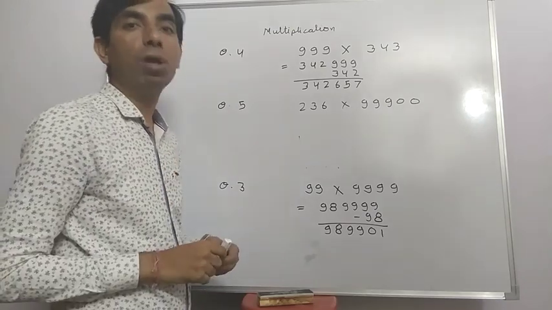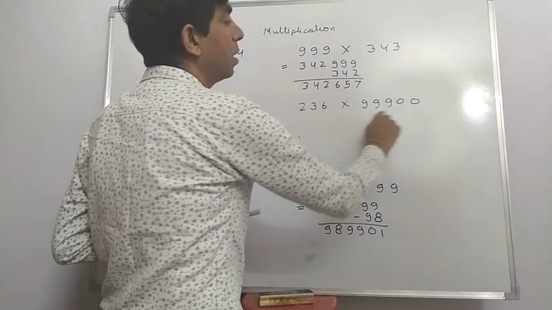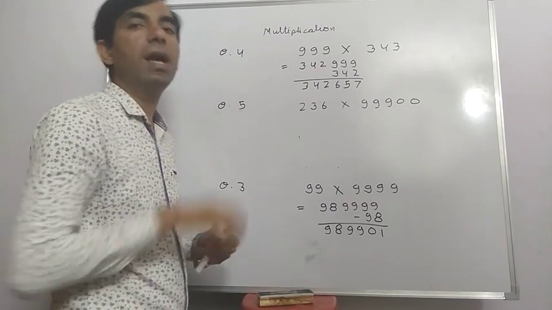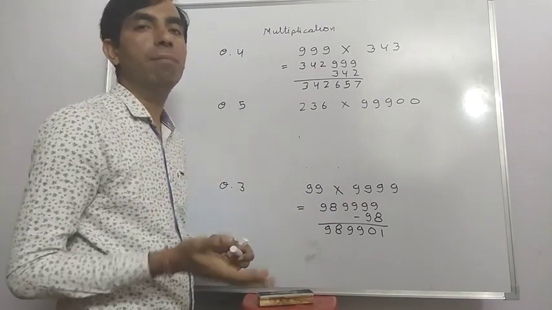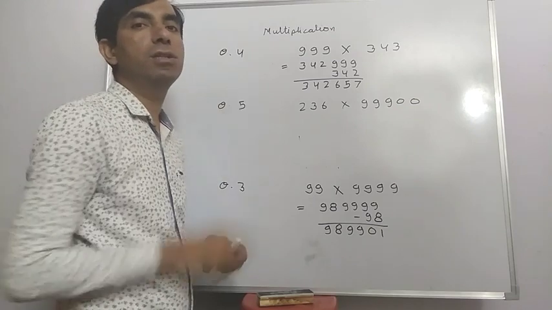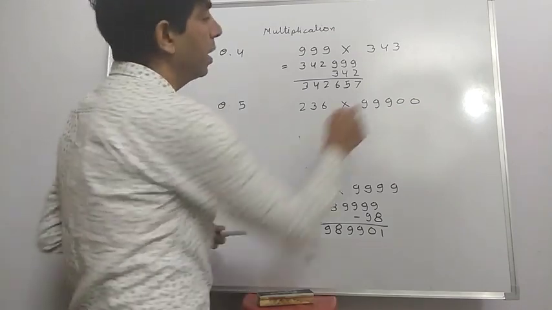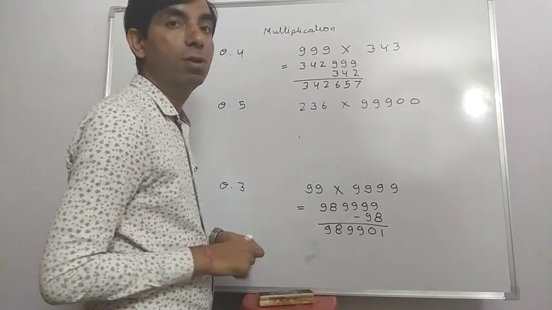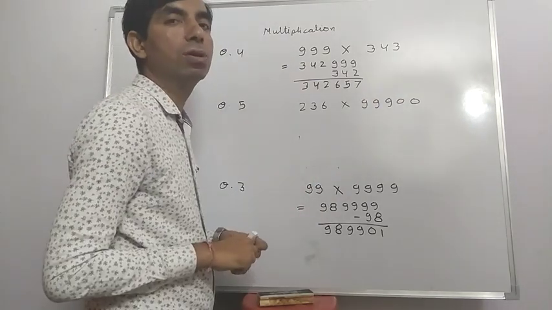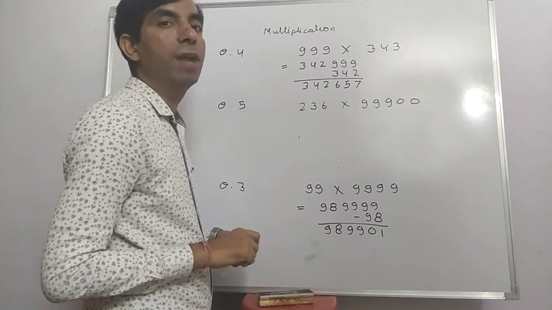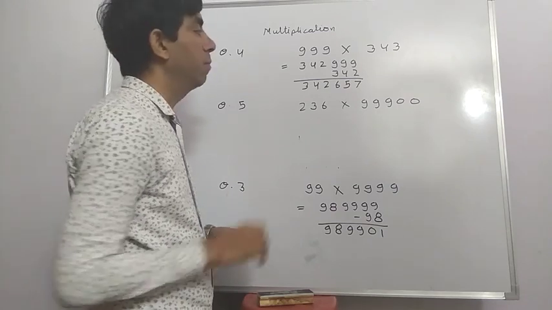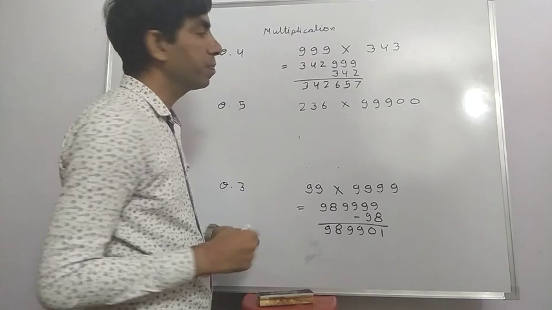We can solve it, because the 9 digits are continuous at the start, and zeros at the end do not matter in multiplication. Write those zeros as they are, because here the zeros come at the end, not in the middle. If zeros come in the middle of the 9 digits, then the method cannot be used.